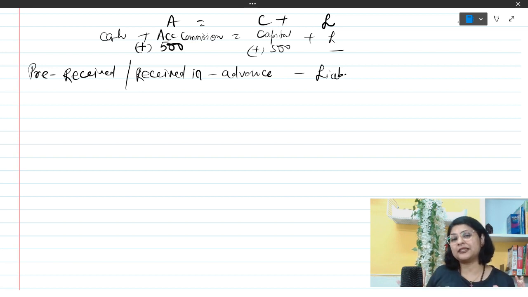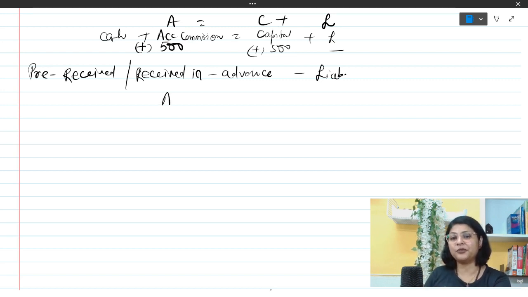So you will be considering it as a liability. For example, rent, commission, or interest received in advance. You have not yet rendered the service or earned it, but you have received it.